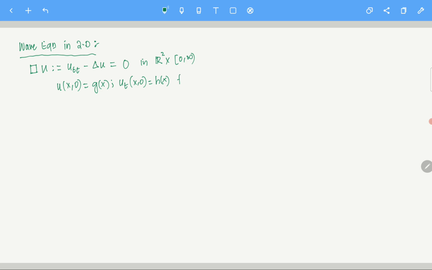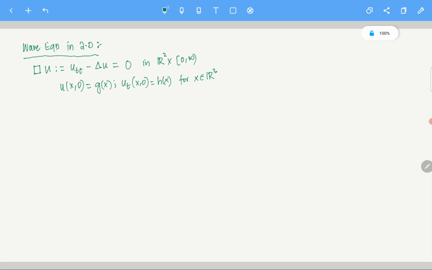This is for x in R2, and of course t equals 0. So u and u_t are given like this, and of course u satisfies the wave equation in the interior of the domain.